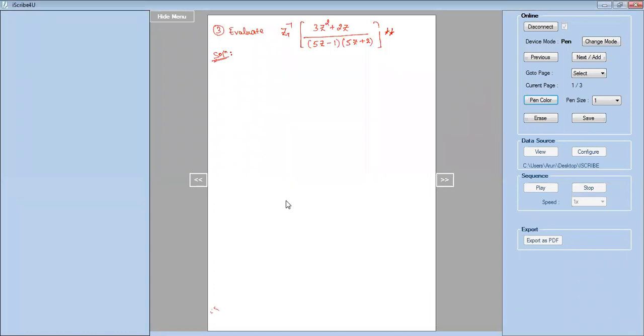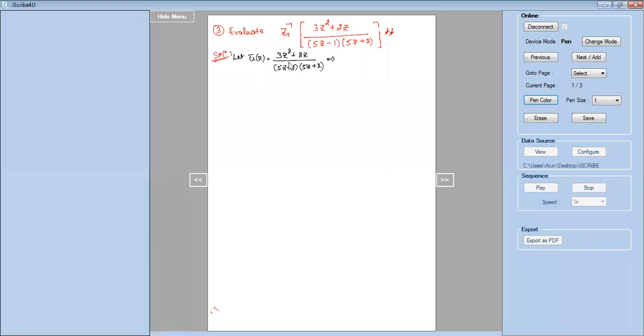So as usual, the first step, let U bar of z equal (3z² + 2z) divided by the denominator (5z - 1)(5z + 2). Now what do we have to do first? Here you have product terms, nothing to worry. The only thing is, in the numerator you have to take one z common and send it to the left hand side.